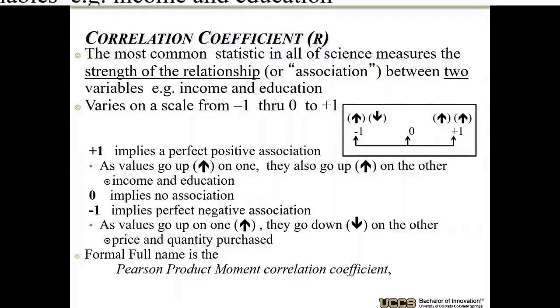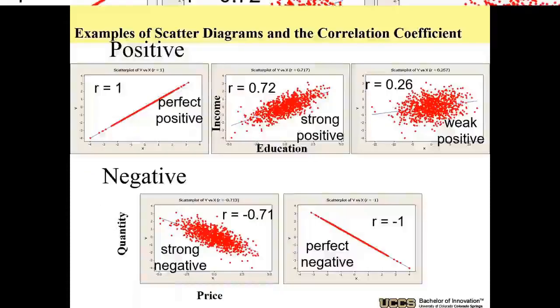The full name is actually the Pearson product moment correlation coefficient. That's important because there are multiple kinds of correlation coefficients. This is a particular one, but it's the most commonly used. To understand this from a visual exploration of your data: if I have perfect correlation, it means the two variables follow a straight line.